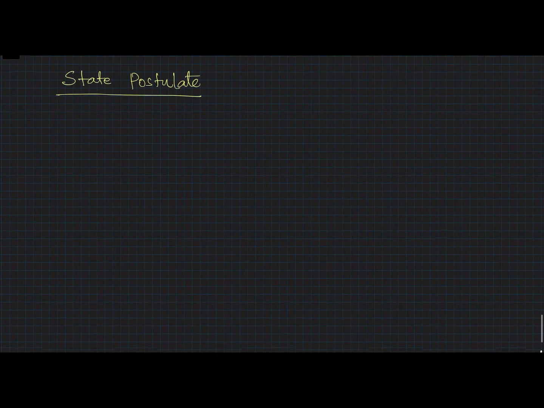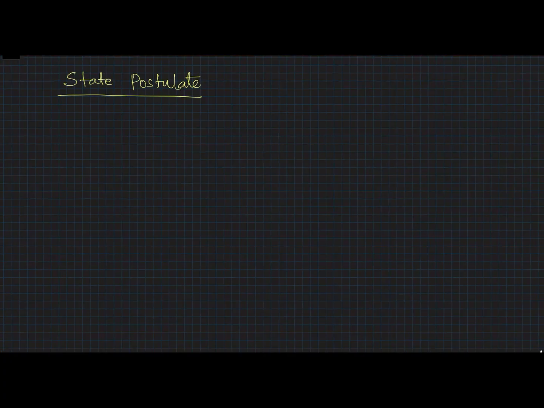The state postulate basically comes from the properties definition, and we understand from our lecture 1 that a state can be defined by fixing the properties.